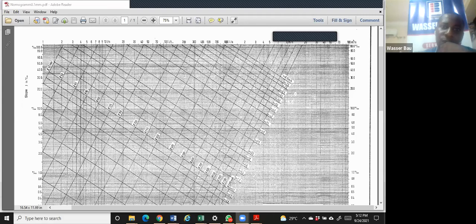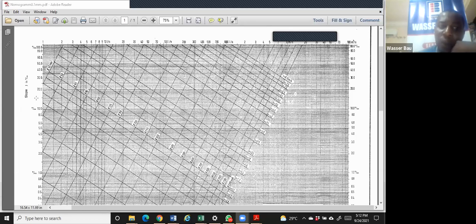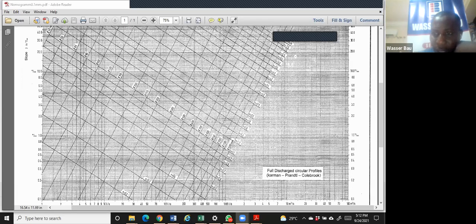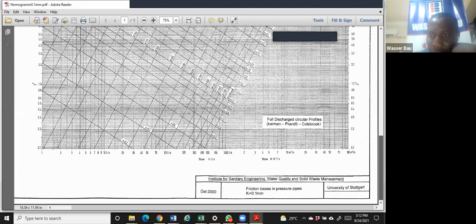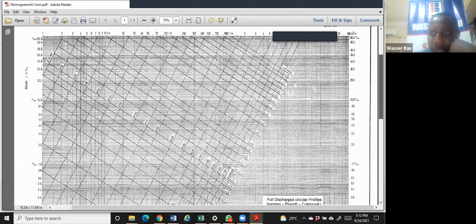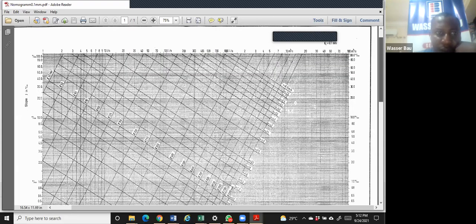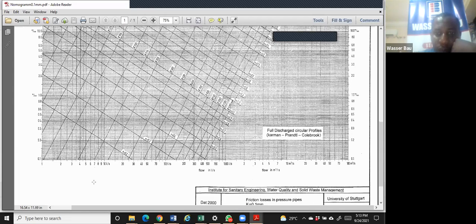Hello? I don't know how to explain this, but this chart is in per kilometer. I think it's written somewhere down here. I know it's written somewhere in per kilometer.